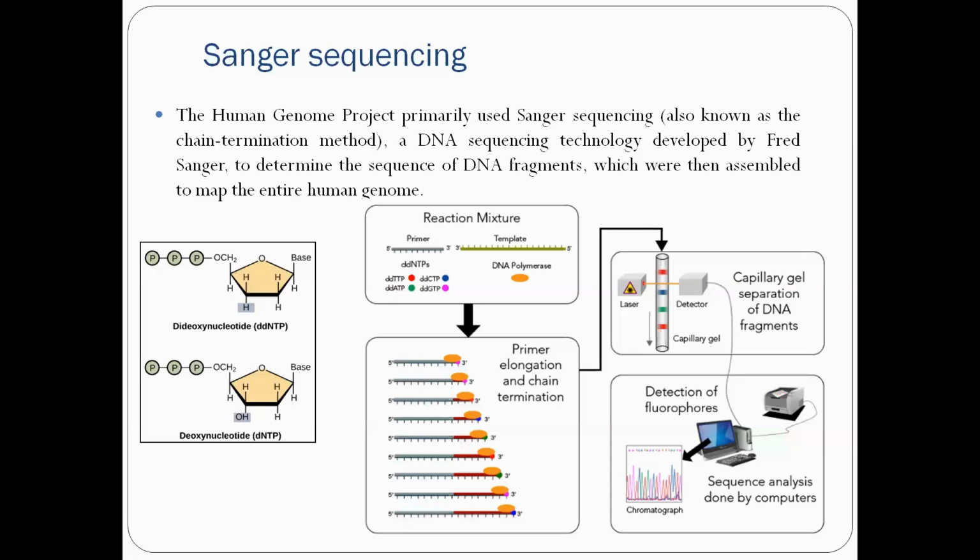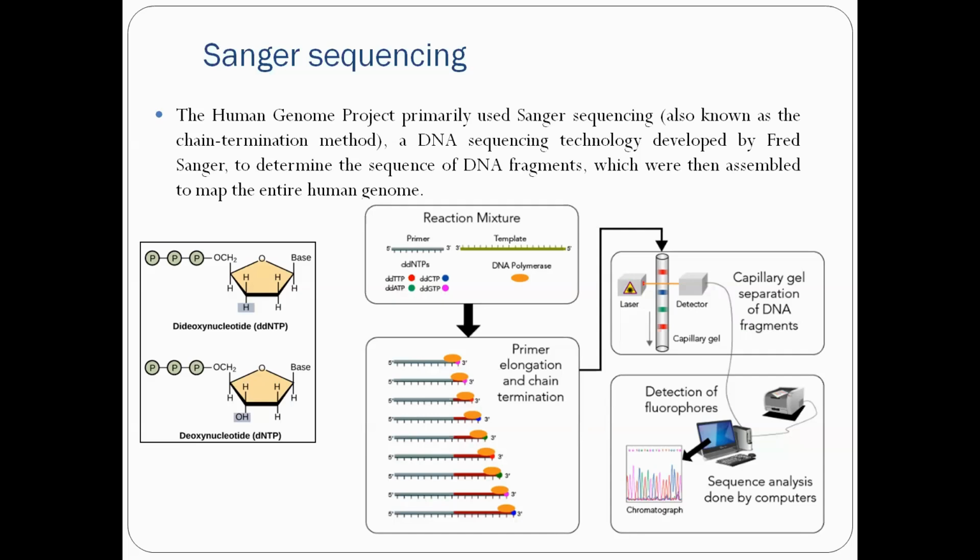In this, the reaction mixture for Sanger sequencing would contain the template DNA, that is the DNA which has to be sequenced and is fragmented, and then a primer. This primer will bind to the template DNA, and to this primer the DNA polymerase would then attach the building blocks, that is the dNTPs or deoxynucleotides.